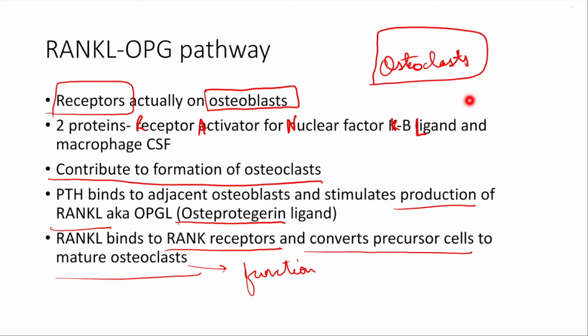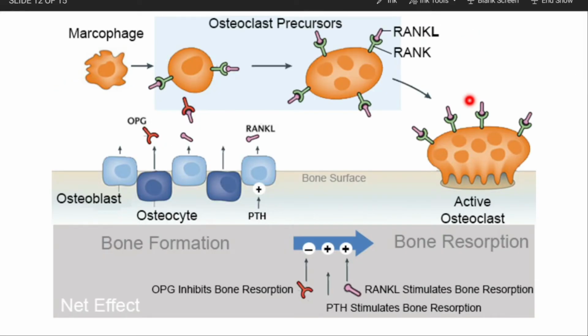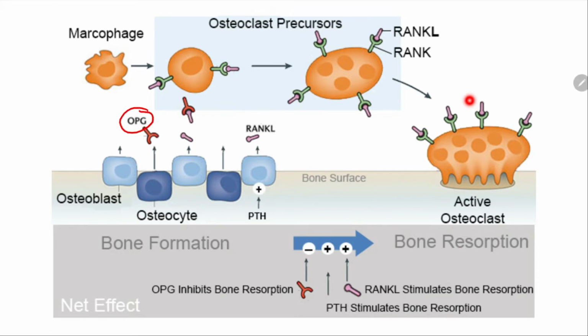Let's look at the next part of this. Now that I've told you about RANKL, you will ask me, so what does OPG do? OPG is osteoprotegerin, which basically prevents these RANK ligands from binding to osteoclasts. So OPG is basically antagonistic to RANKL. If RANKL is produced and there is OPG production to block it, as you can see, this has bound to the RANKL and blocked it.